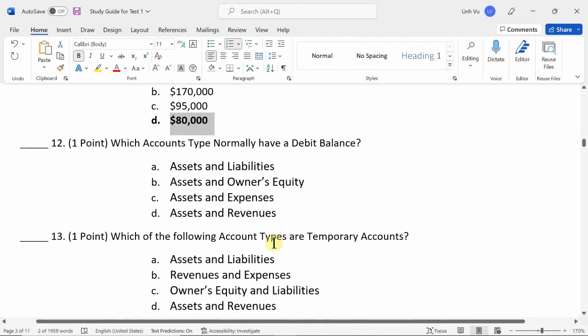Number 12, okay? Which account types normally have a debit balance? A. I'm sorry, D. So the entire time we were journalizing, when we had a sale, we debited the sales and debited cash.